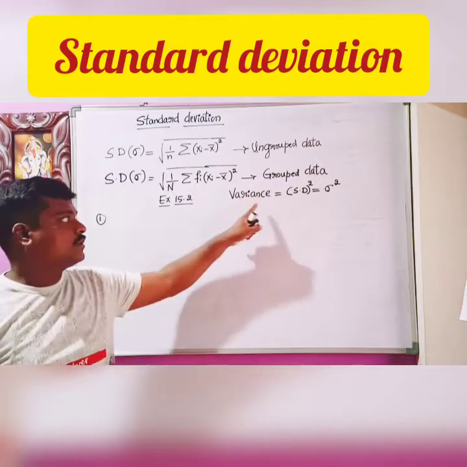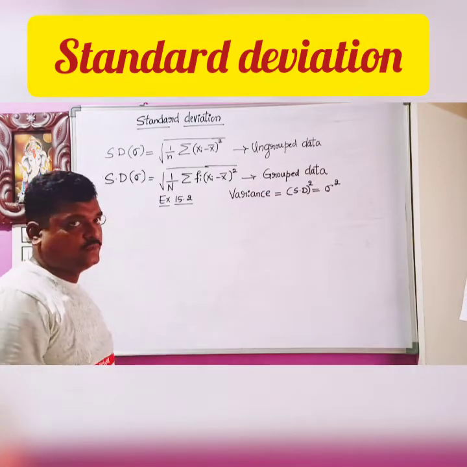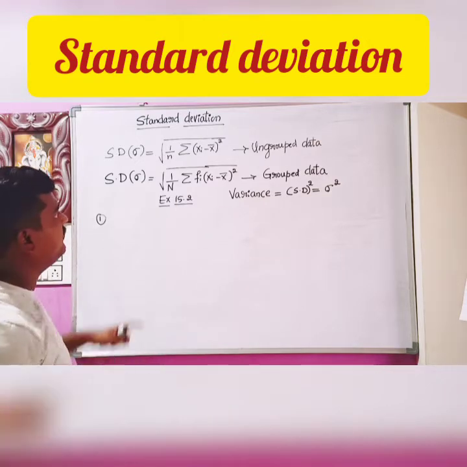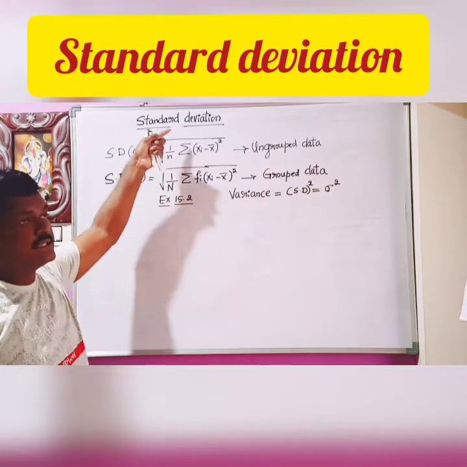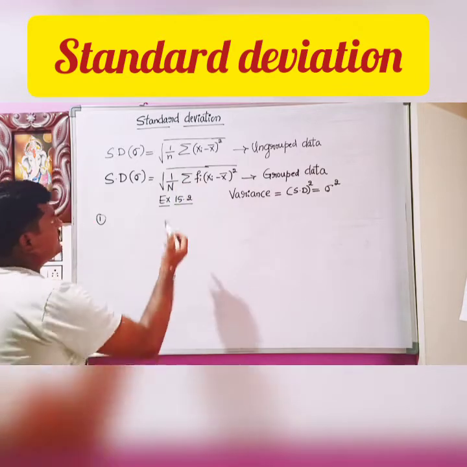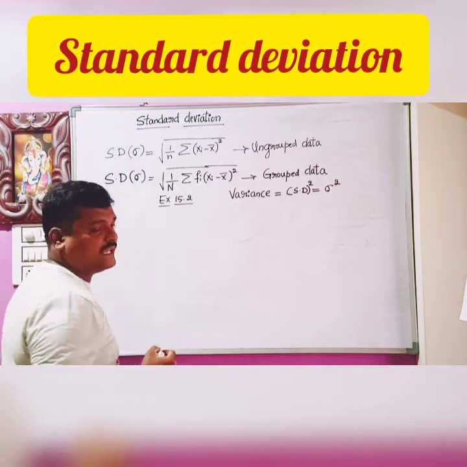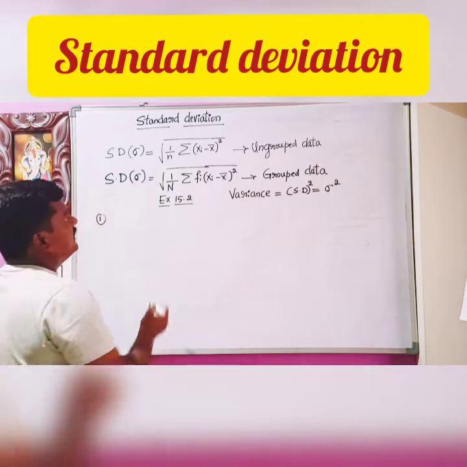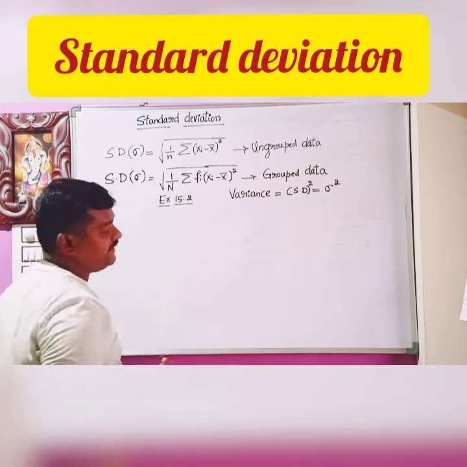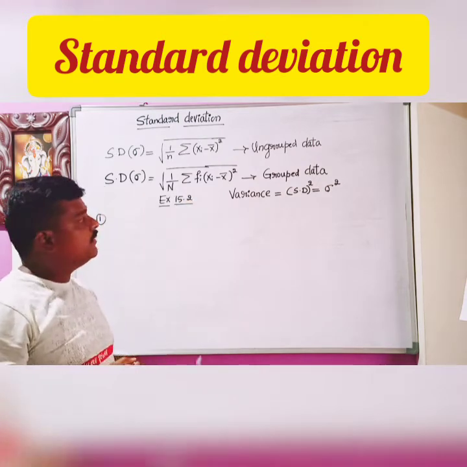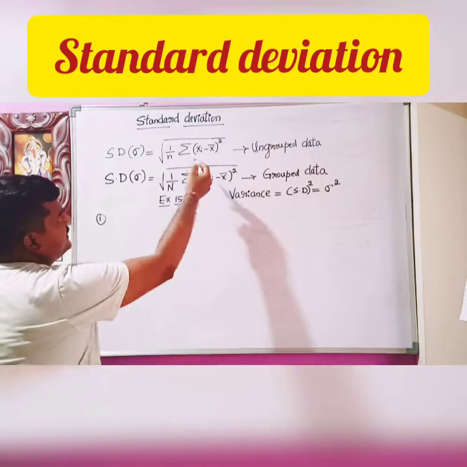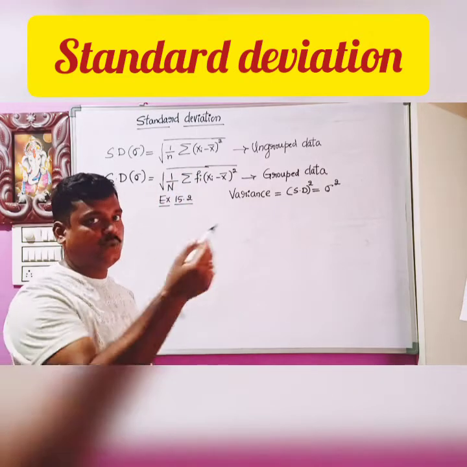So for the variance formula, the square and square root cancel. The variance is 1 by n summation xi minus x bar whole square. And the variance for grouped data is 1 by capital N summation fi xi minus x bar whole square. For variance, the square root is removed by squaring.